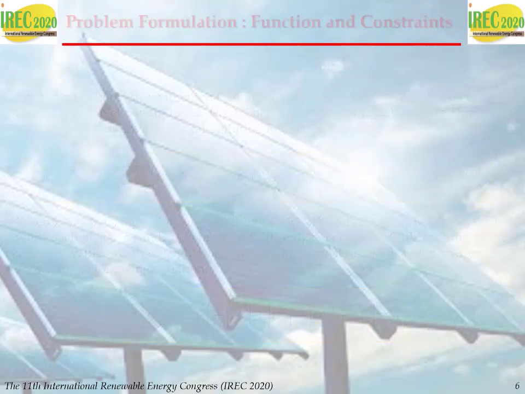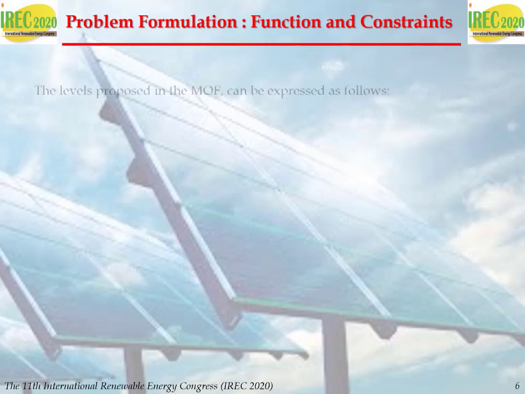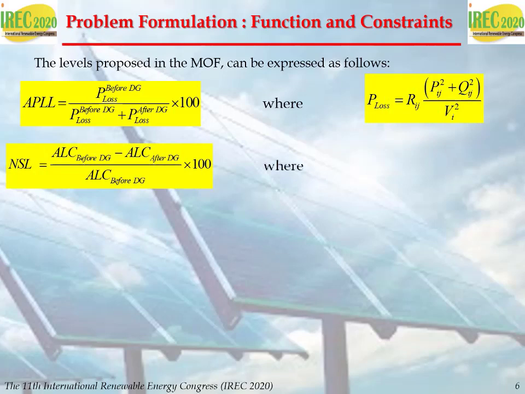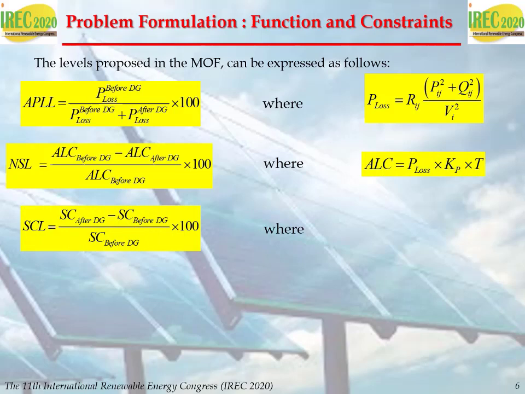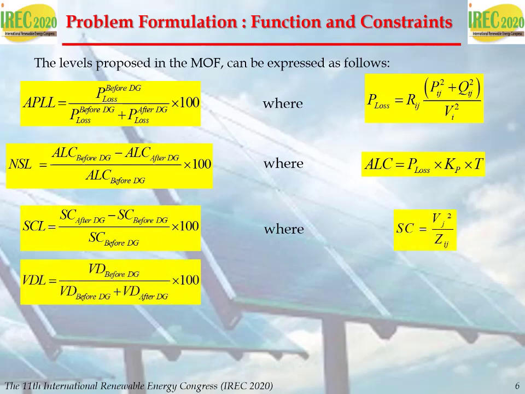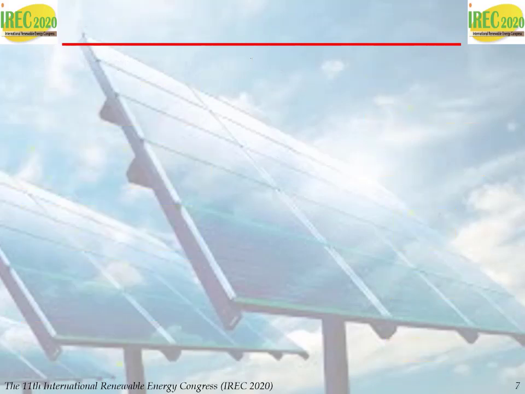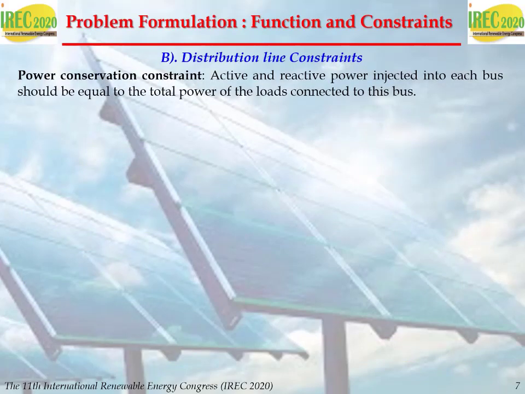Variables proposed in the MOF can be expressed as follows. In the distribution line constraints, we find the power conservation constraint.